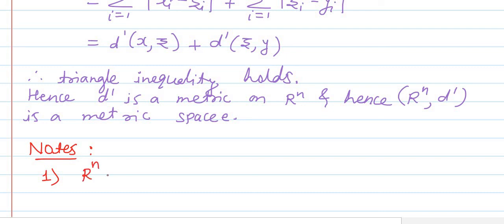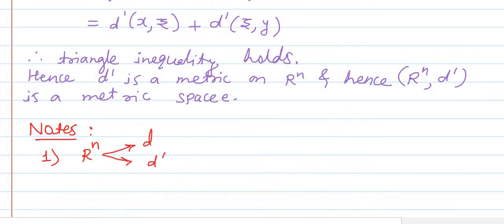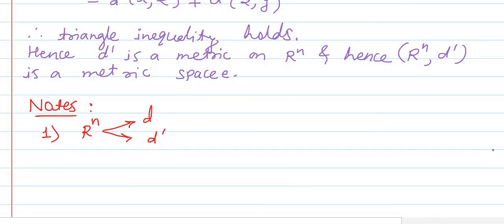In the first example we have used the function d and shown that R raised to n comma d is a metric space, and in the third example we have used the metric d dash and shown that R raised to n comma d dash is also a metric space. So this means that we can define more than one metric on the same set also.